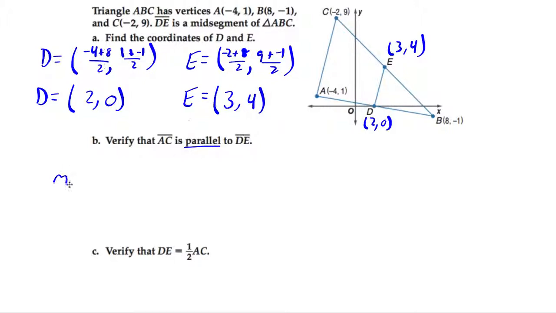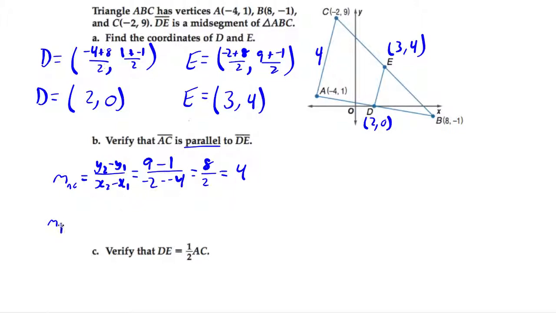So the slope for AC is going to be equal to y2 minus y1 over x2 minus x1. And so the y values are 9 minus 1, and the x values are -2 minus -4. So this gives us 8 over 2, which is equal to 4. So this is 4 over 1.